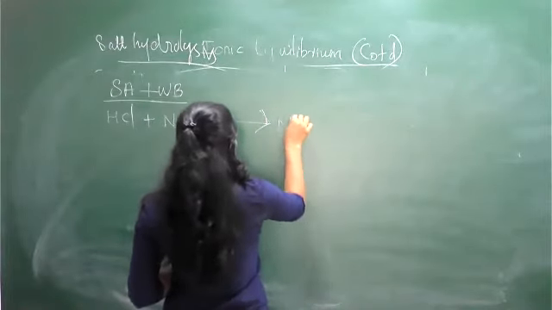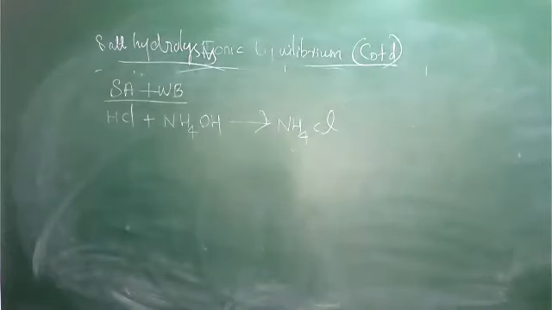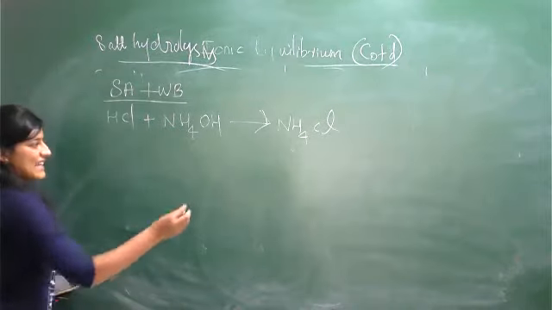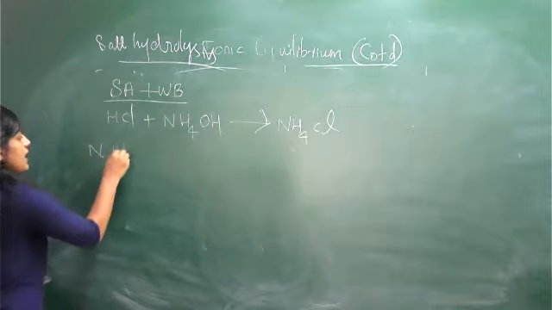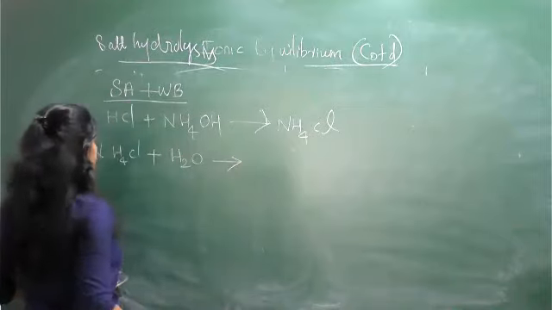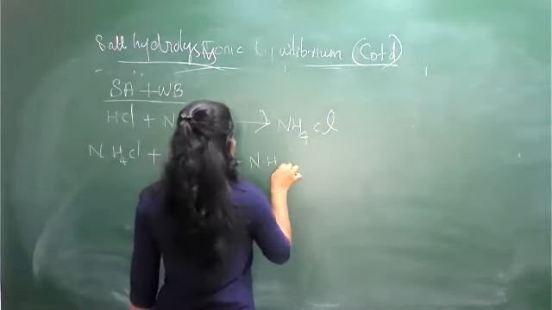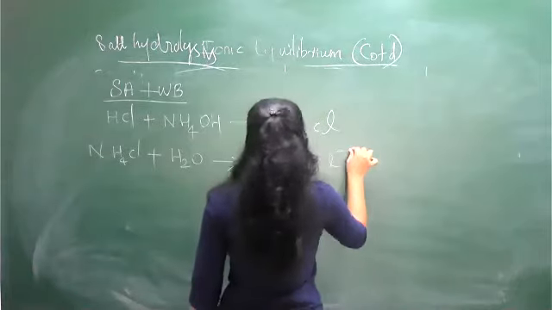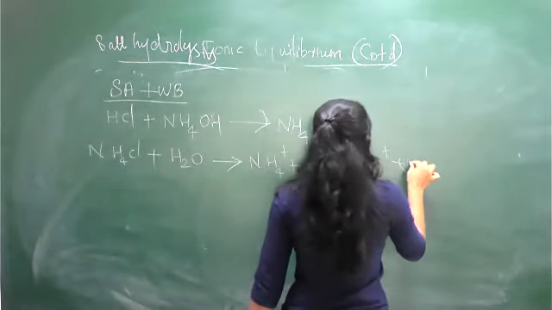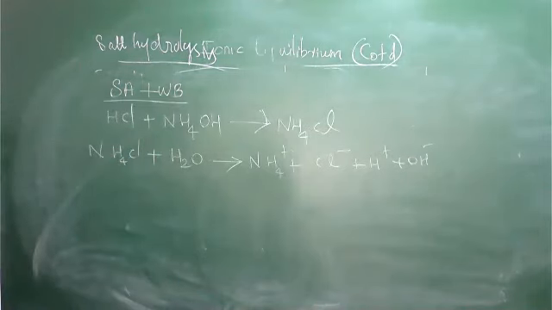So what happens? NH4Cl becomes formed. Then what about the next step, student? Yes, good. NH4Cl should be reacted with the water. What ions do you form? NH4 plus ions, Cl minus, H plus, and OH minus ions should be there. Follow the same procedure.